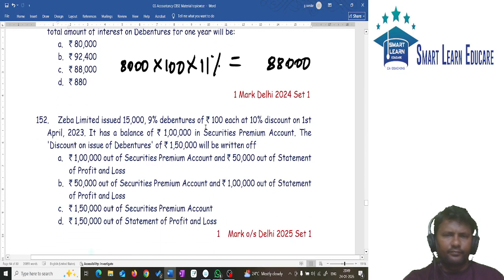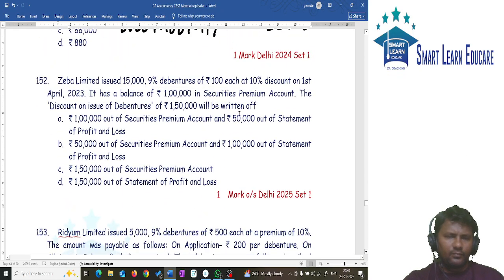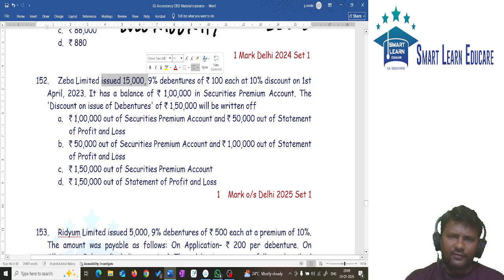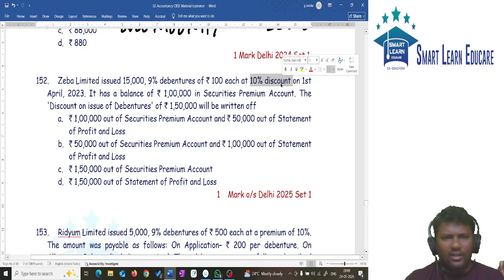Next, read this question. Z Limited issued 15,000 9% debentures. Z Limited issued 15,000 debentures, 9% rate of interest, face value 100 each, at 10% discount. So on issue there is a loss.